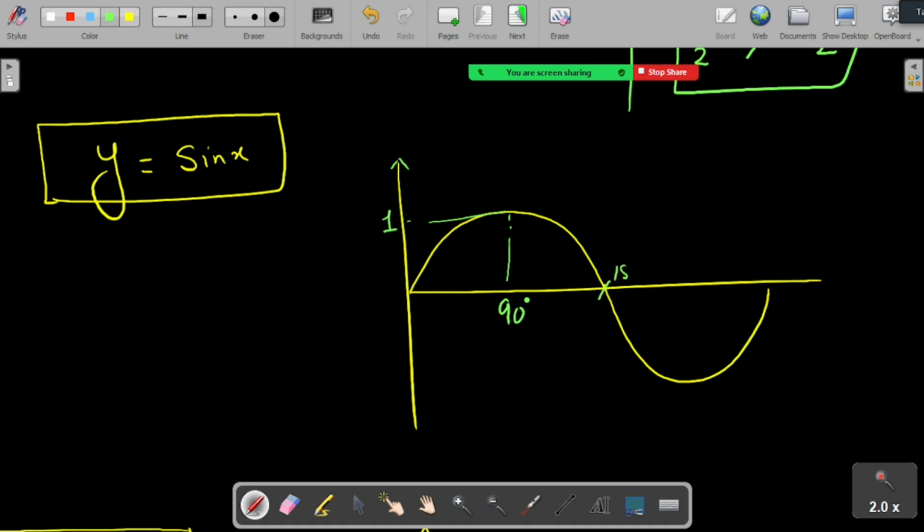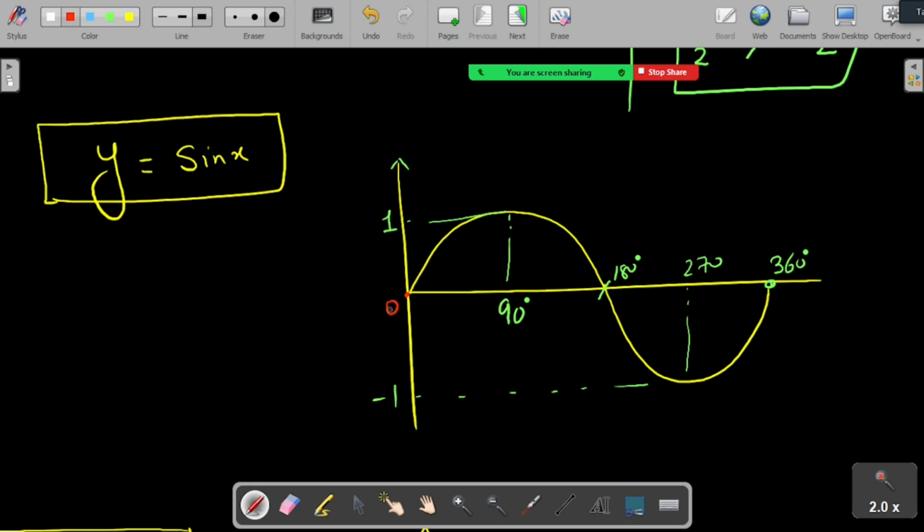This is 180 degree, this is 270 degree, and this is negative of 1, and this is 360 degree. Is it okay? Now, with the help of my given explanation, you can easily decide in which domain it's going to be increasing and in which domain it's going to be decreasing.